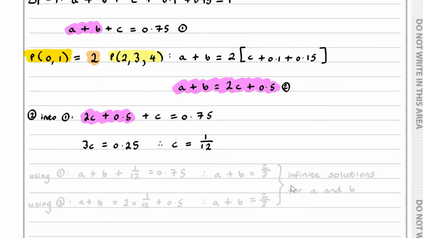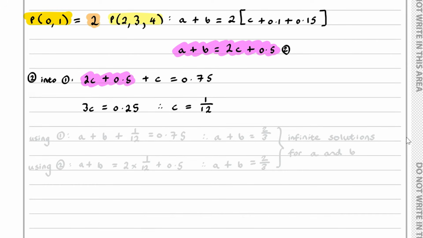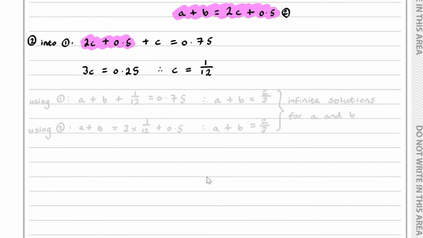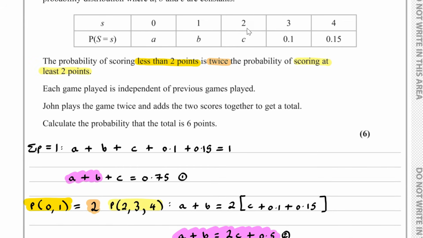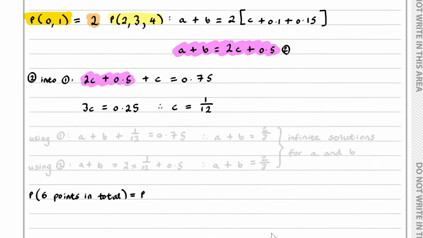So we've got infinite solutions for a and b, and in this question we want to find the probability of scoring 6 points in total. Here we've got the probability of scoring, say, a 2 in the first game and a 4 in the second game.